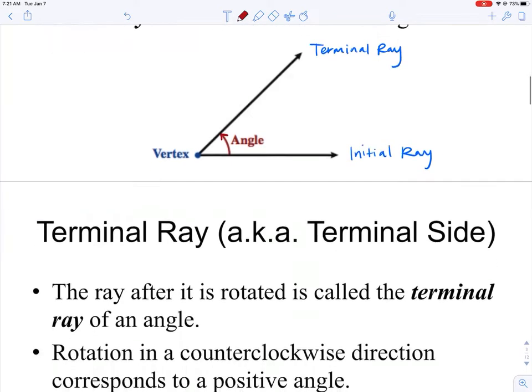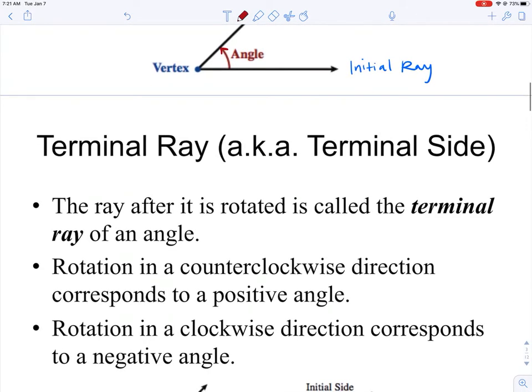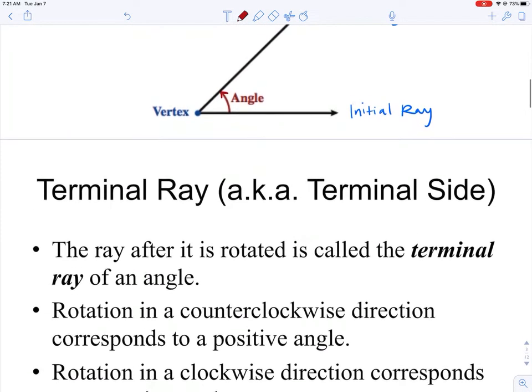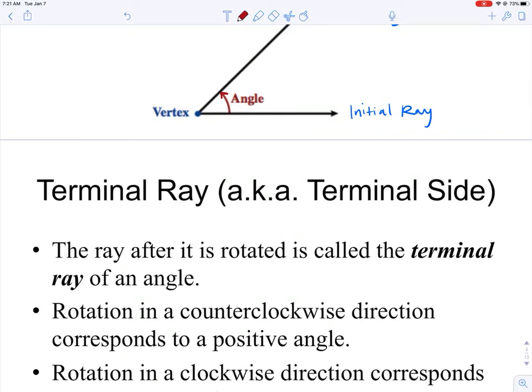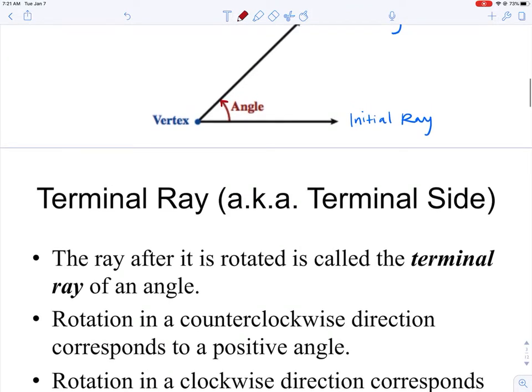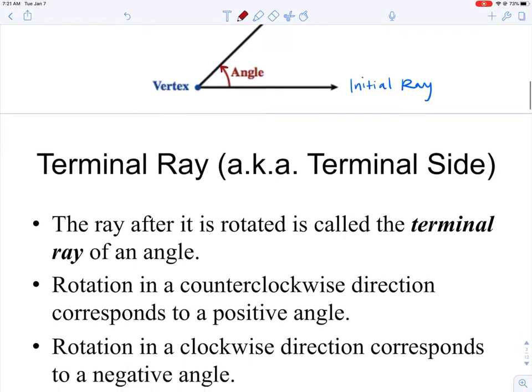And whenever an angle is rotated in the counterclockwise direction, that creates a positive angle. So all of the angles that are on the unit circle are positive, and we can think about them rotating from the positive x-axis in the counterclockwise direction, creating a positive angle.